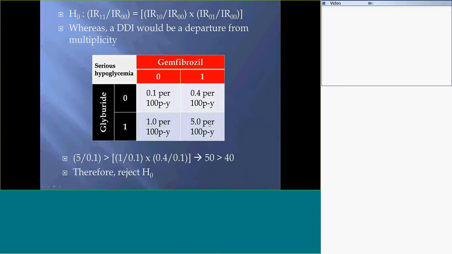But in people taking both drugs together, that is both glyburide and gemfibrozil, you see a departure from multiplicity here, such that the incidence rate in users is 5 per 100 person years. So if you do the math, 5 divided by 0.1 is 50, and that's greater than 40. Therefore, you would reject the null hypothesis and say that maybe there's a drug-drug interaction between glyburide and gemfibrozil.